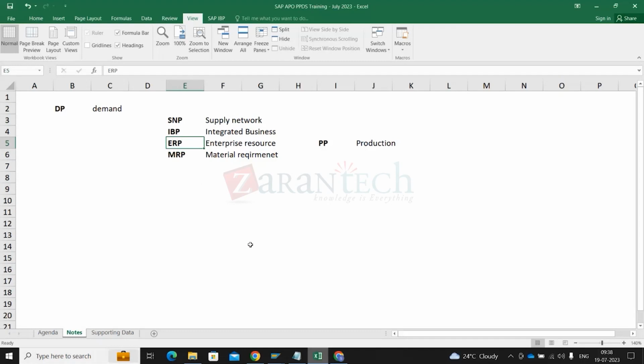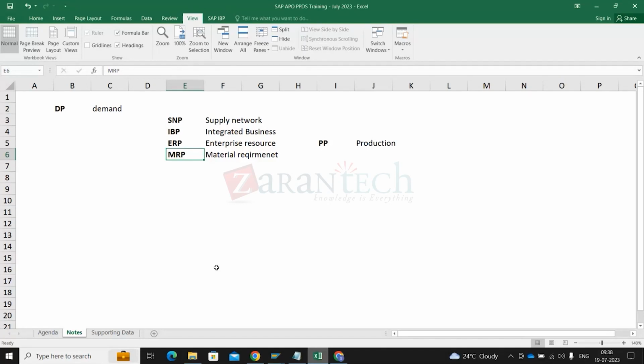So ultimately you're doing planning at the entire enterprise level for all the resources, which would include your transportation, your storage, your manufacturing, and so on. And a similar concept applies to material requirement planning. The terminologies have minor differences between each other, but ultimately we use them for the same purpose.